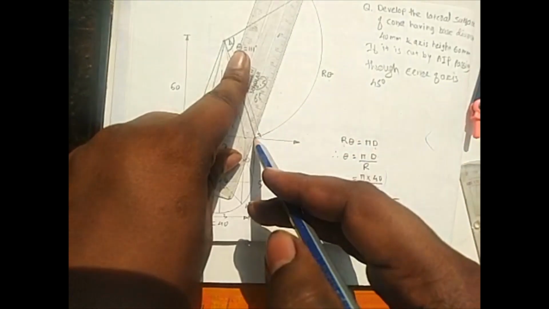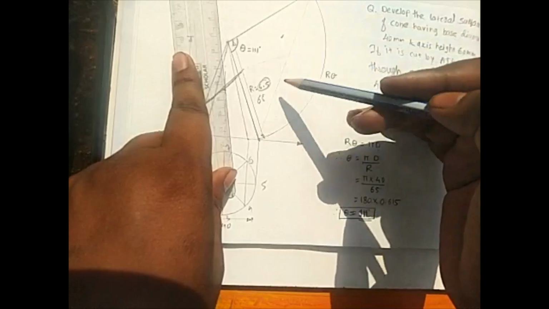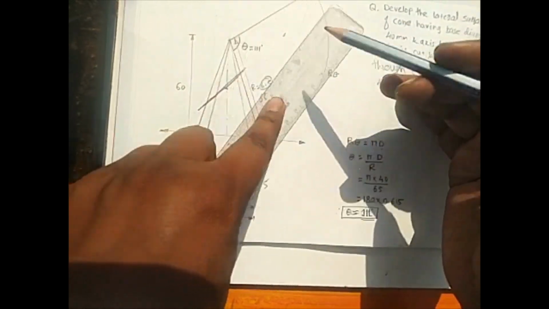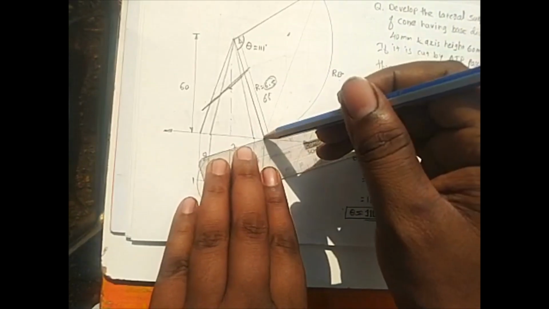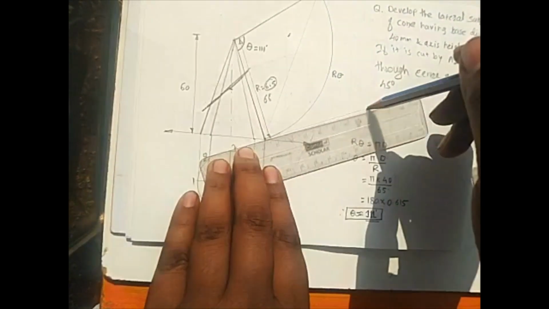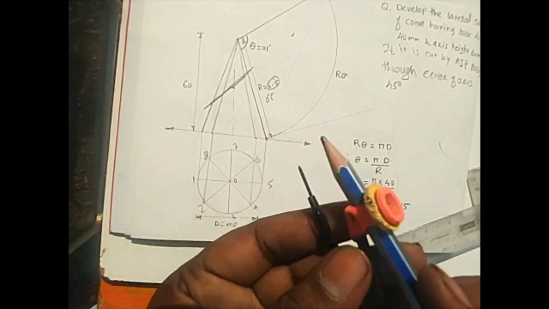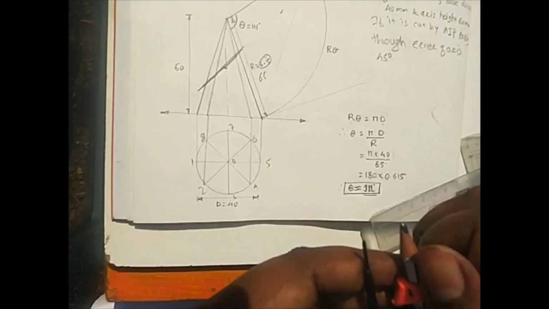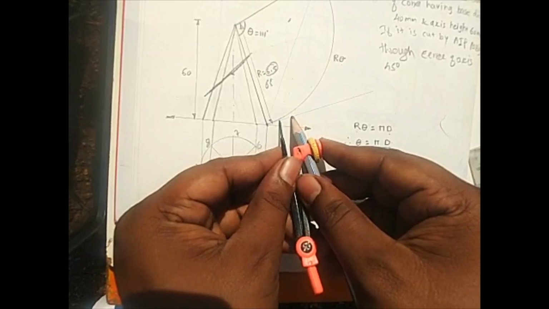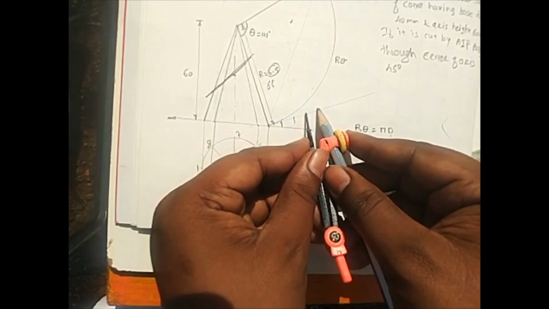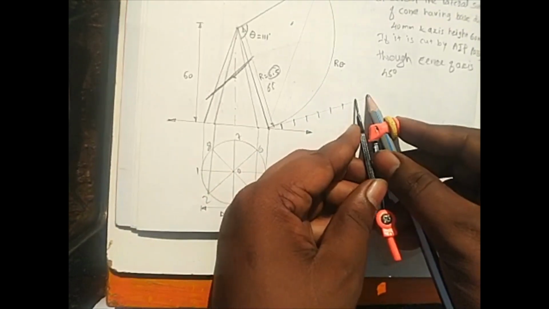Just join this line and draw another line like here, and take your compass, and by using this compass, simply divide this distance in 8 equal parts: 1 2 3 4 5 6 7 and 8.